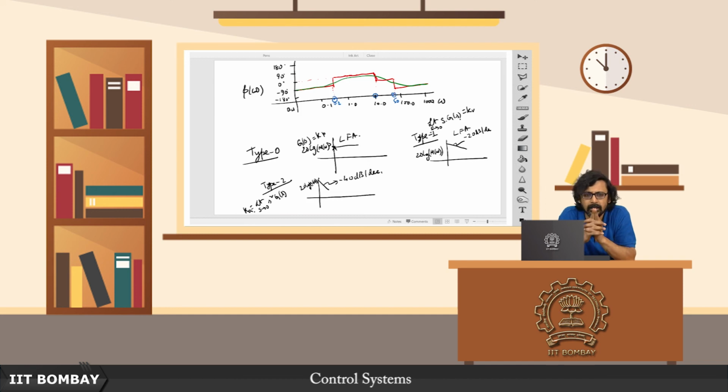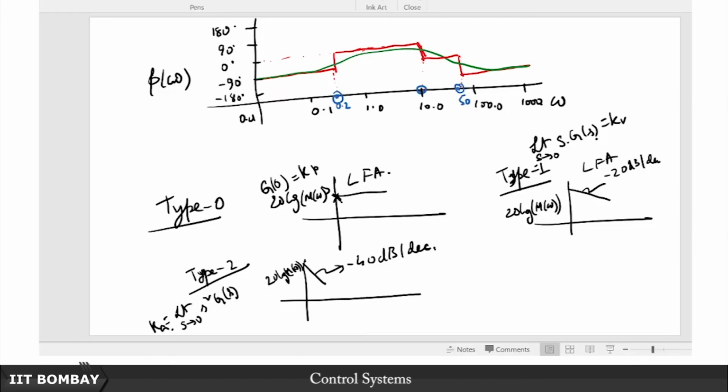Similarly, if you have this type 2 plant and you have been given the Bode plot, all that you need to get this s squared G of s, so that this limit exists, is to multiply this by a double differentiator, that is a line with a slope of 40 dB per decade, which passes through omega equal to 1. That is the crucial bit of information. It passes through omega equal to 1 with a value of 0 dB. That is the most important observation.